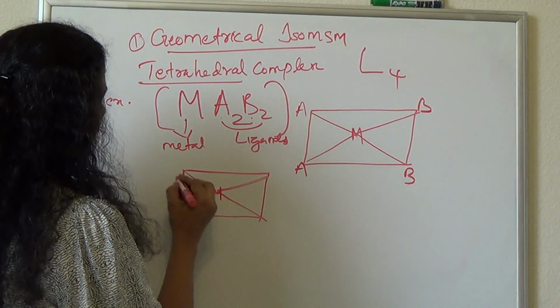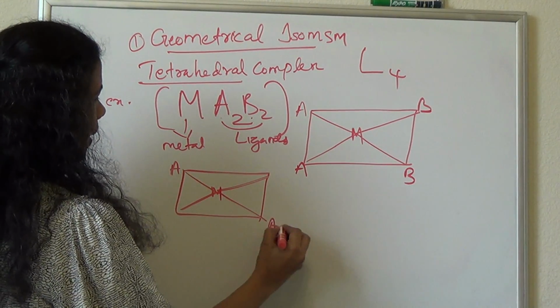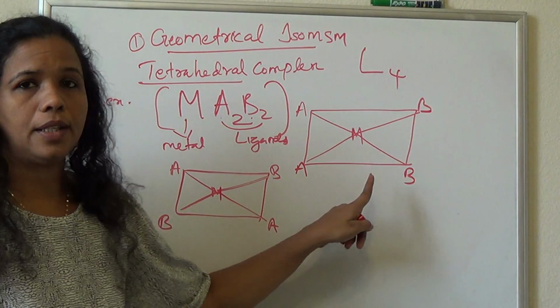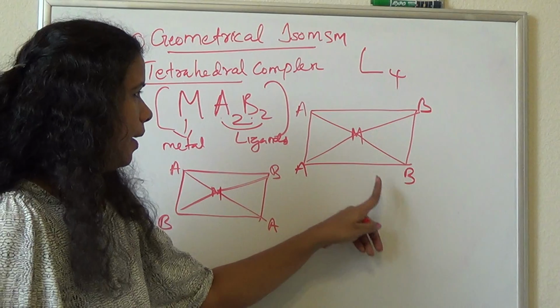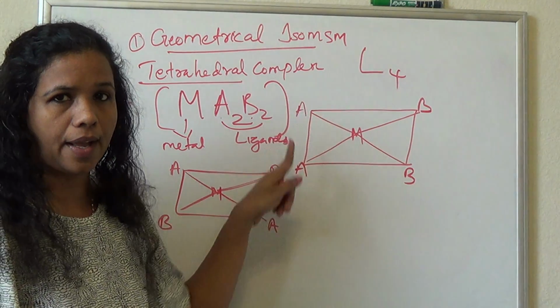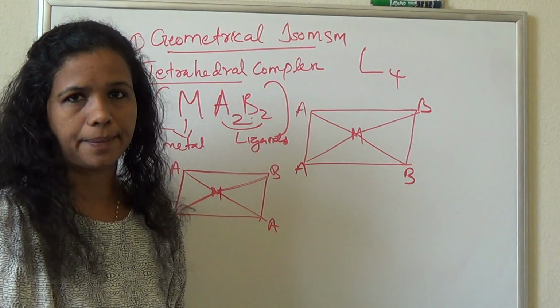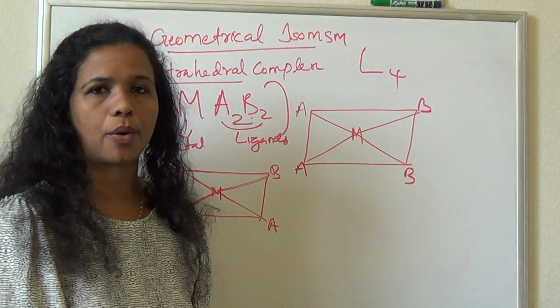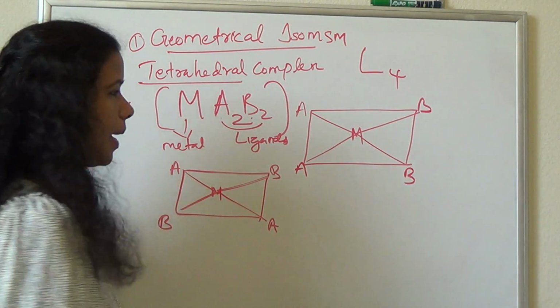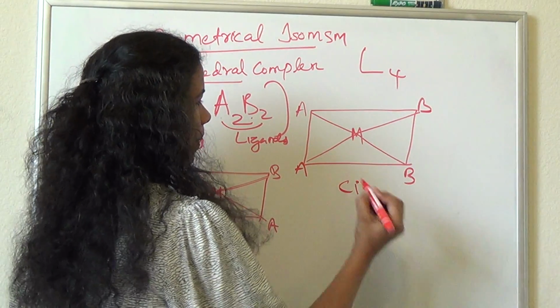Same molecular formula M, A, B, B. Here in the first structure, we can see that the same type of ligands, that is A and A, are on the same side, or B and B are on the same side. That type of geometrical isomerism is called cis isomerism.